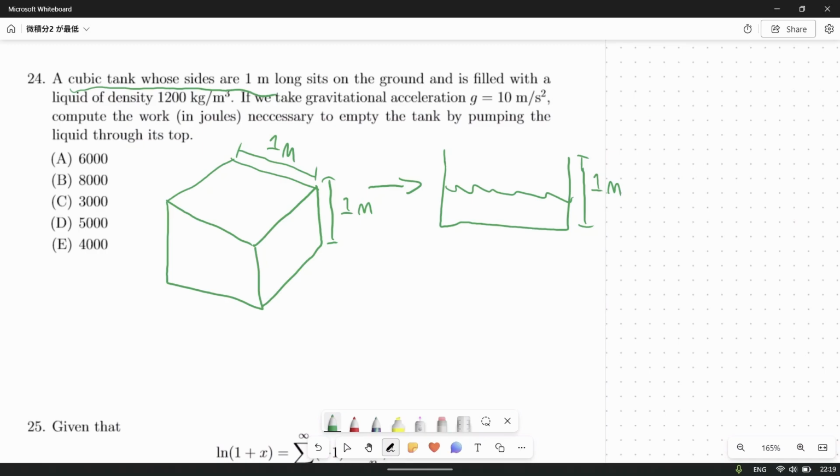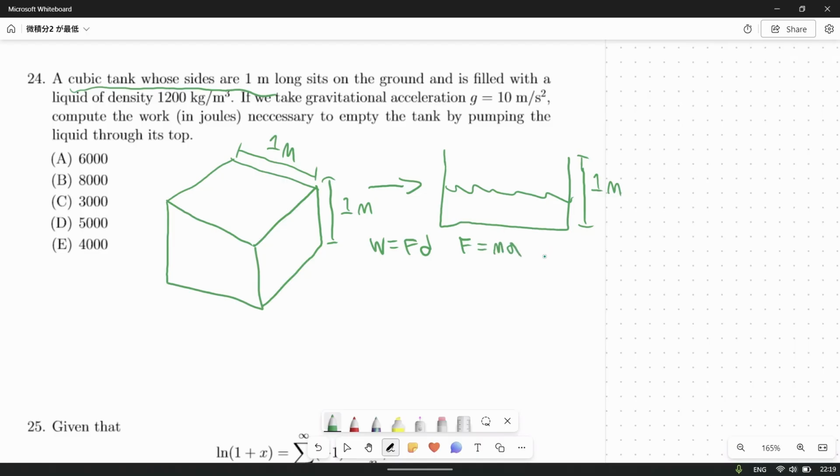The next thing I'm going to do is look at some of the equations that we're going to need to work with. The question is asking us to compute the work, and we know that work is equal to force times distance. Force is equal to mass times acceleration.